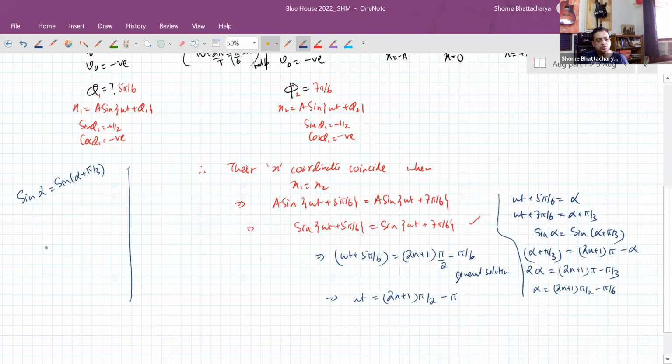Now you know that sine of pi minus theta is equal to sine theta. Sine of 3 pi minus theta is equal to sine theta. Sine of 5 pi minus theta is equal to sine theta. Like that in general.